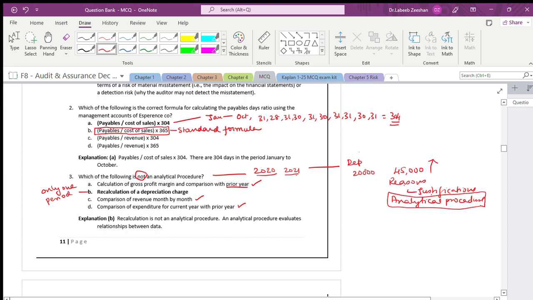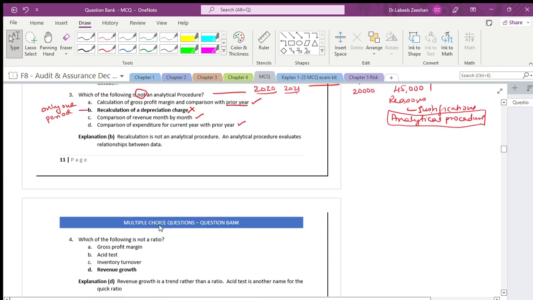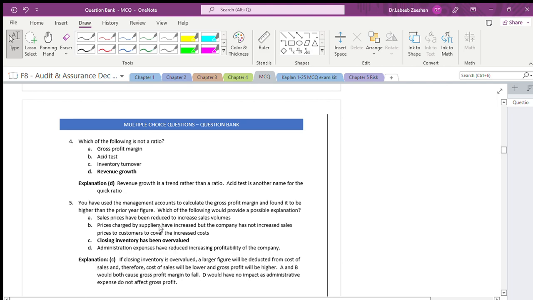If we are doing it for only one period, it is not an analytical procedure. Recalculation is not an analytical procedure. It evaluates relationships between the data. Fine. Now, which one is not the ratio?